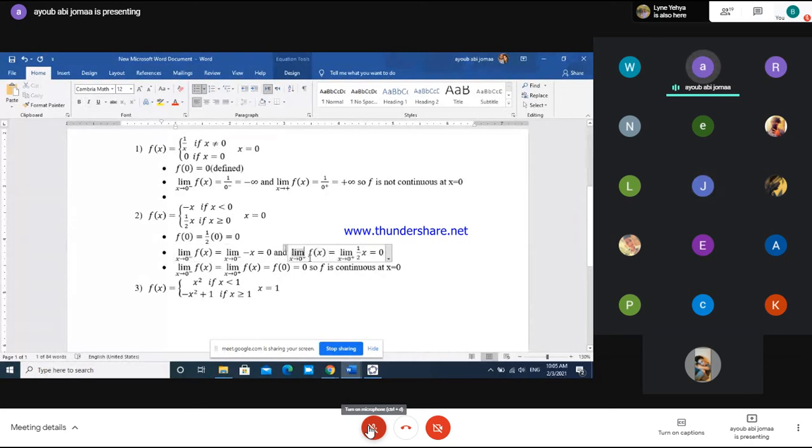Pay attention: we said that 0 minus and 0 plus are used just to determine from which side. Here I used 0 minus to say that x is smaller than 0. For that reason I considered negative x. But when you replace x by 0, it is exactly 0. The idea is that you take a number slightly less or slightly greater than 0 just to determine the sign.